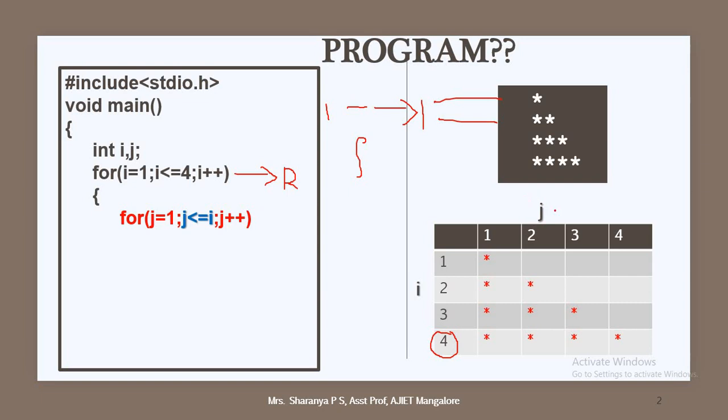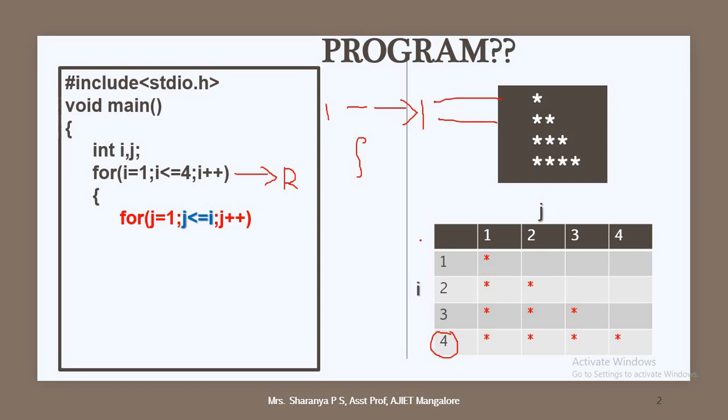Here we have used j as the variable to run the inner loop. j will begin with 1, and for the condition, see, the first time when the j value is 1, the pattern will be displayed only one time, and when j has the value 2, two patterns need to be displayed. When the j value is 3, 3 patterns need to be displayed.